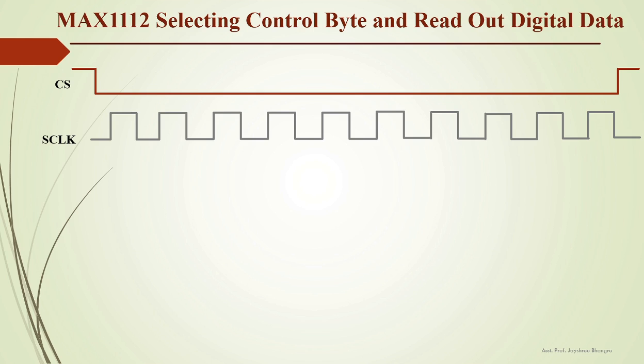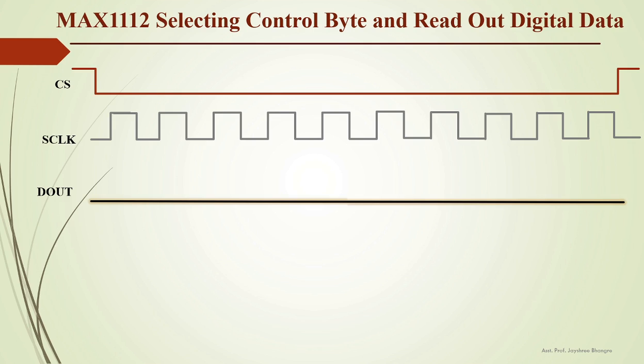The first 8 clock pulses are used for sending the control byte, and then the ninth pulse is there, so there will be no operation.